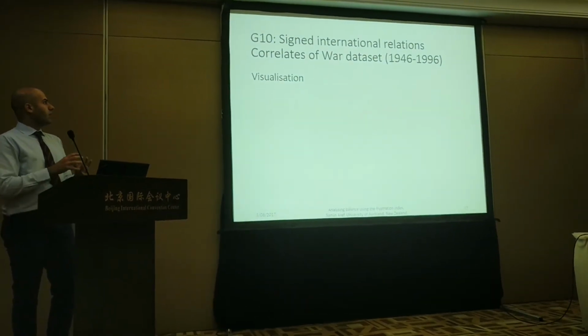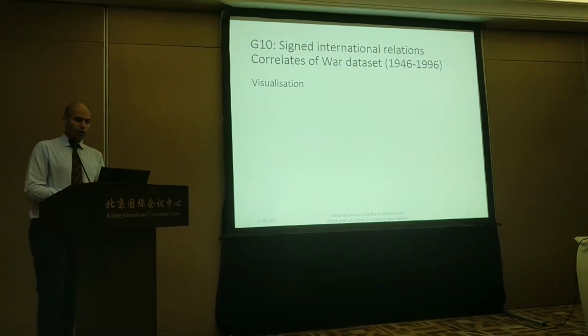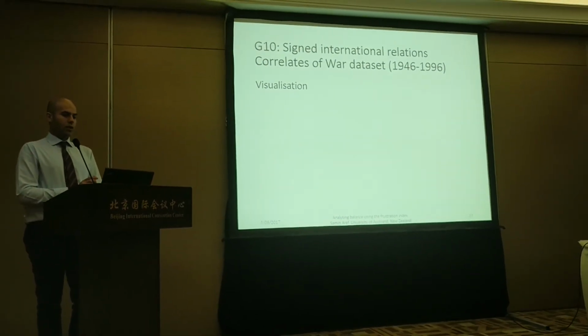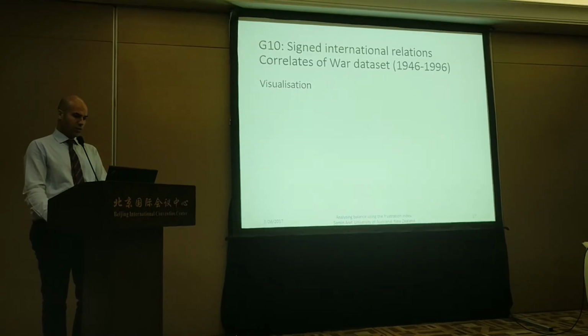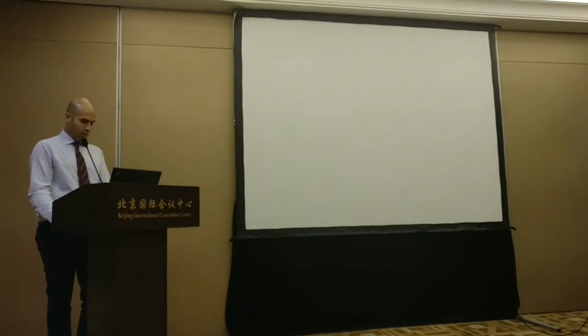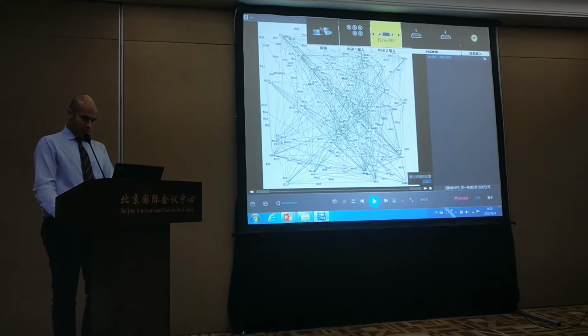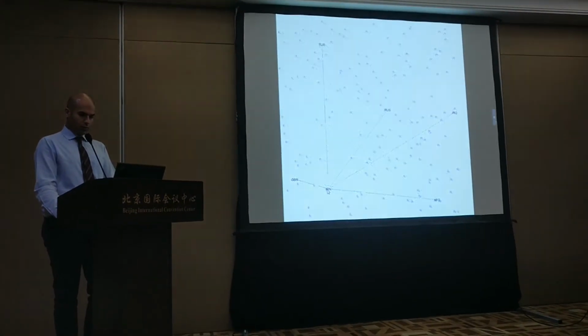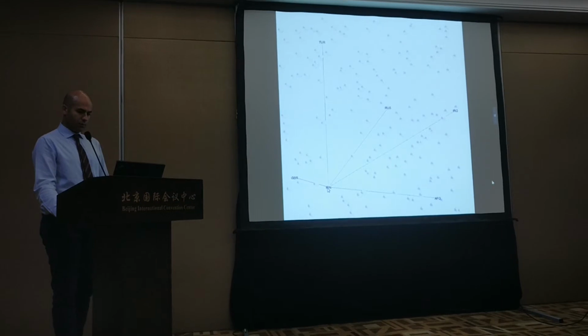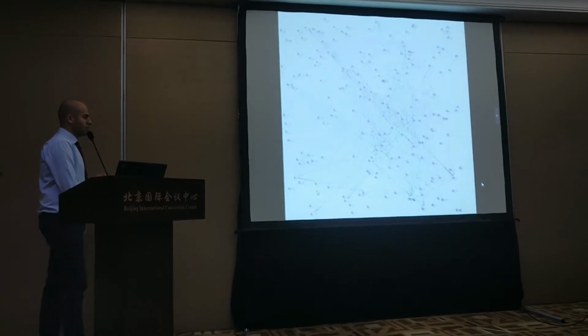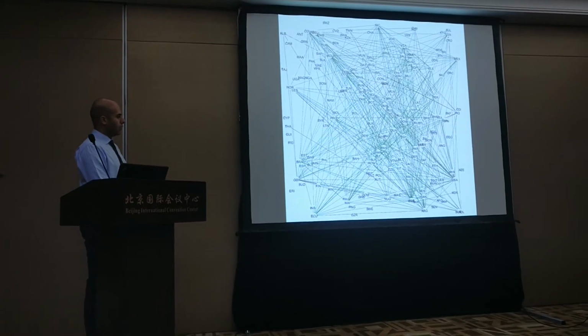Then we have a dynamic signed network of international relations between countries, which is based on the Correlates of War data set. This shows the positive and negative international relations between countries over time.